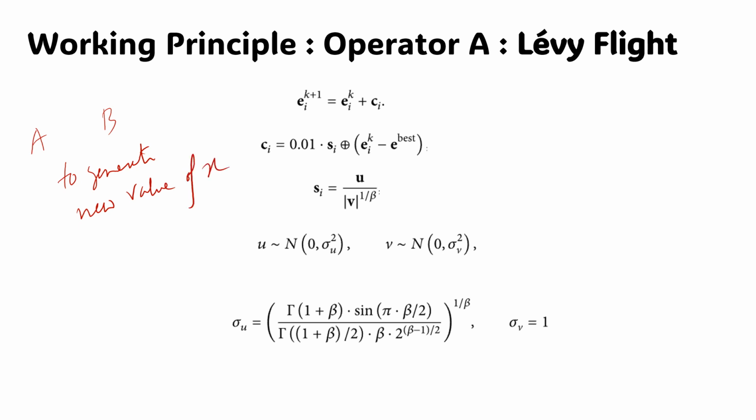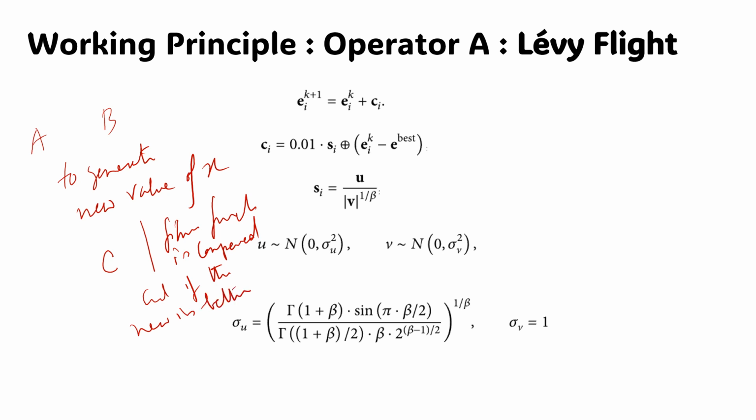We have A and B, and another one, C, where the fitness function is compared, and if the new value is better than the earlier one, then we go for the new one.